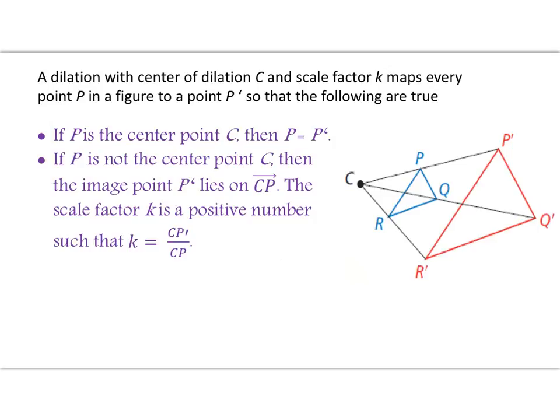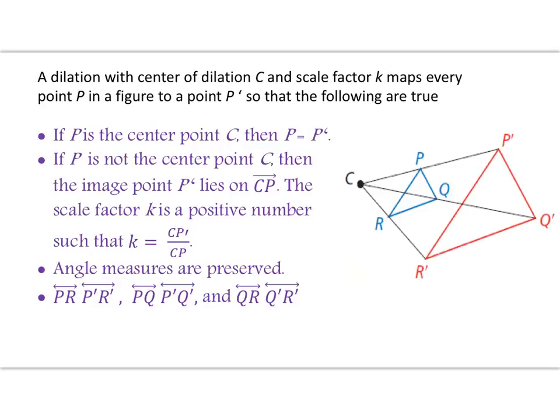Scale factor K is a positive number such that K is equal to the ratio of the length from C to P prime, so that's this full length, divided by the length from C to P. Angle measures are preserved, in other words, they do not change. And lines PR and P prime R prime are parallel.